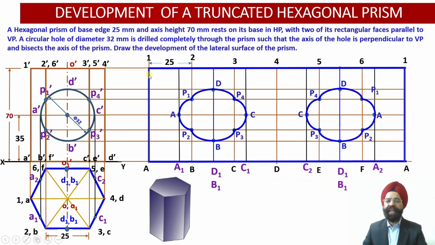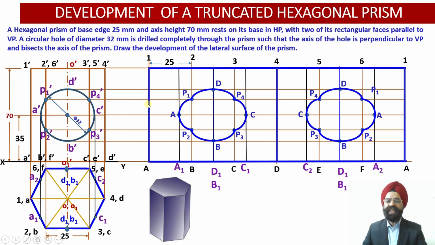Now let us complete the boundary of this particular development, and now we can observe that the vertical edges 1A and 4D have not been cut by this circular cutting plane.